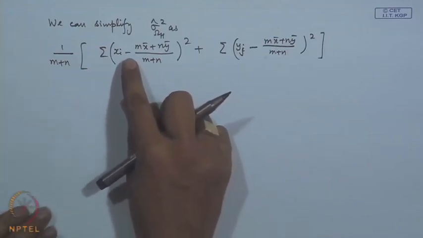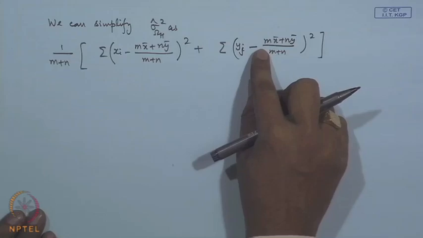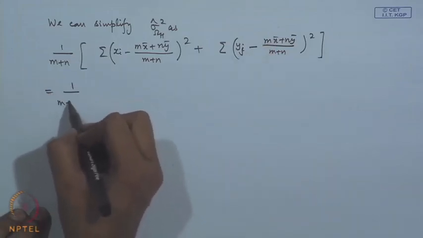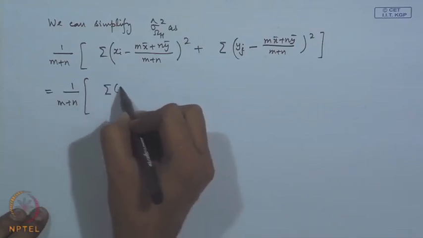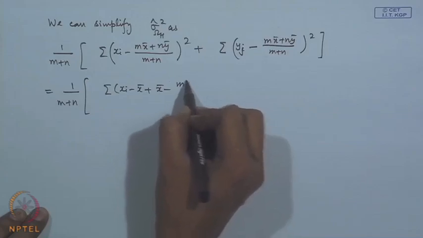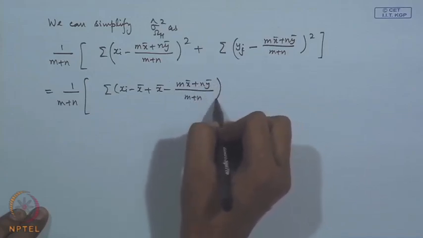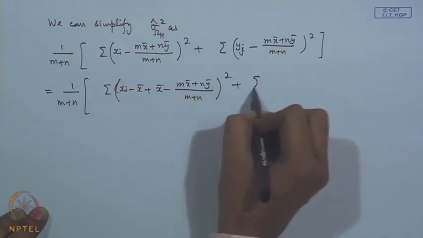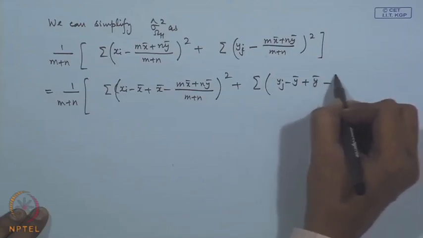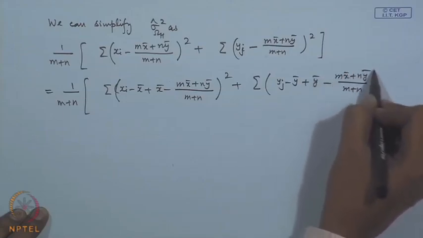In this first term I add and subtract x bar, and in the second one I add and subtract y bar. So, this becomes 1 by (m plus n) times sigma (x i minus x bar plus x bar minus (m x bar plus n y bar) divided by (m plus n)) square plus sigma (y j minus y bar plus y bar minus (m x bar plus n y bar) divided by (m plus n)) square.